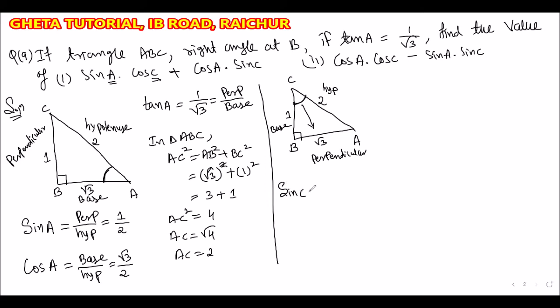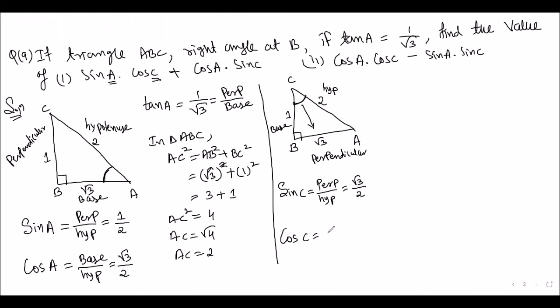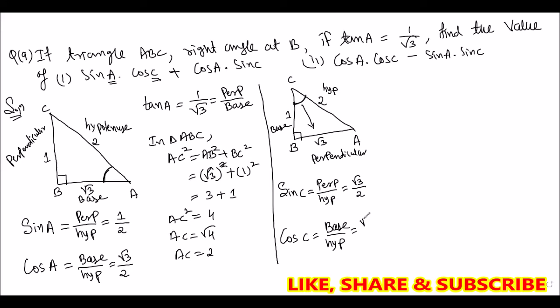Sin C is perpendicular by hypotenuse: perpendicular root 3 and hypotenuse 2. Cos C is base by hypotenuse: base is 1 and hypotenuse is 2. So we got sin C and cos C.